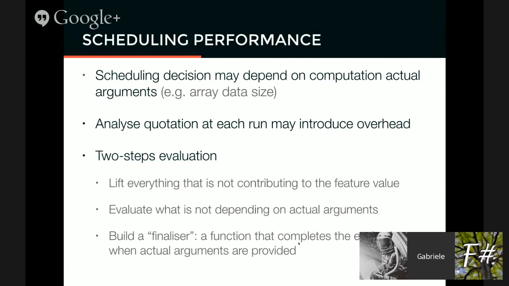We can do it really easily and transparently because we are using F# and quotations. Also, in F# we can not only walk through an AST, but we can build an AST, so we can create expressions, which is what we do in our scheduling engine to speed up and make it really efficient to calculate features at runtime. So the first time we see a kernel, we walk through it, but some features like the memory accesses may depend on the arguments, and the arguments are not known.